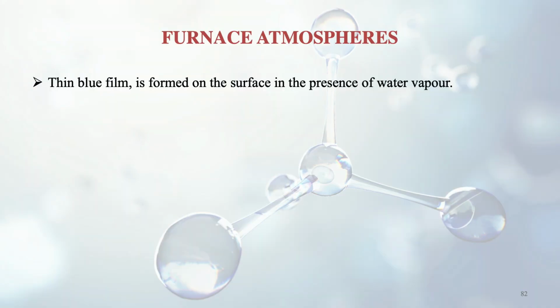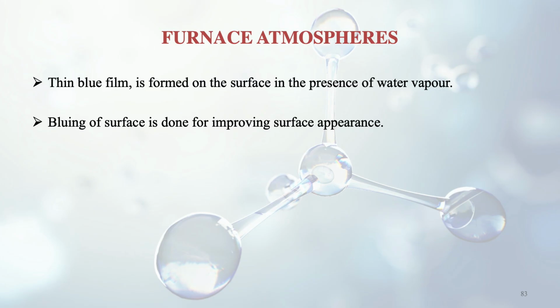We can see that the gas or this atmospheric air type is not that good. A thin blue film is formed on the surface due to this when water vapor is also present, and this bluing of the surface is done for improving surface appearance. And if we use nitrogen, then it will be better because it provides a neutral atmosphere.